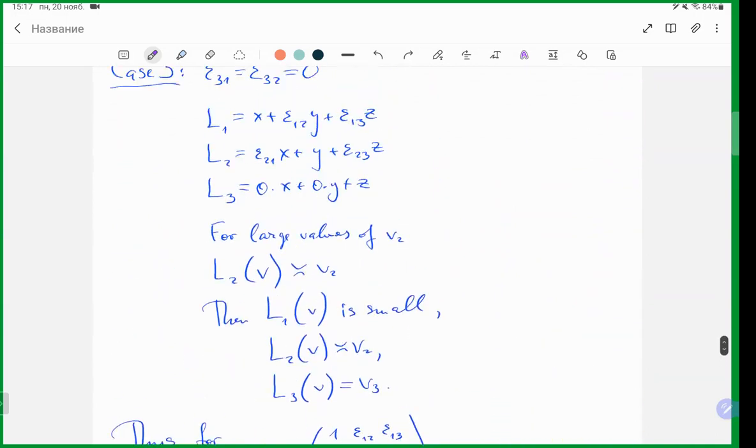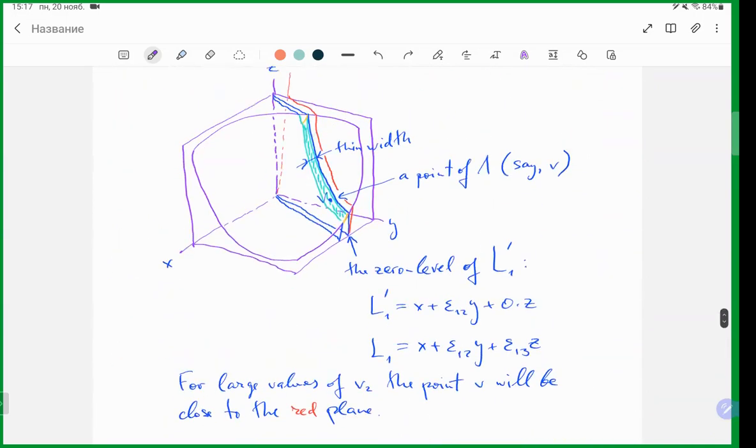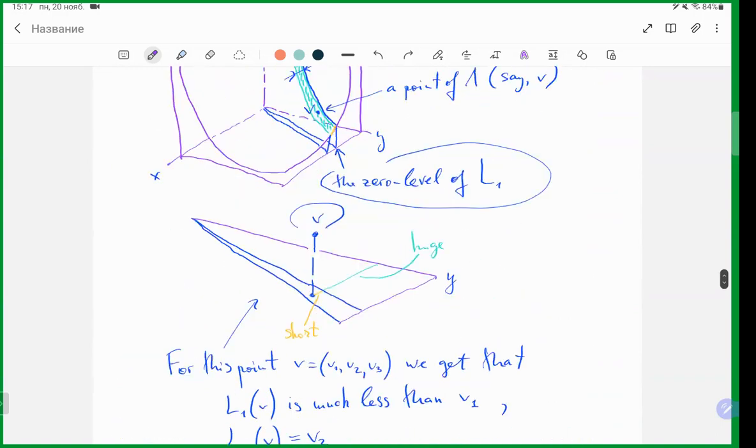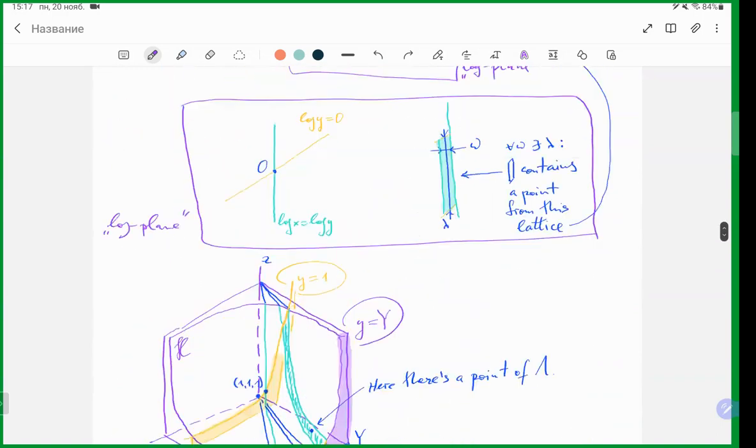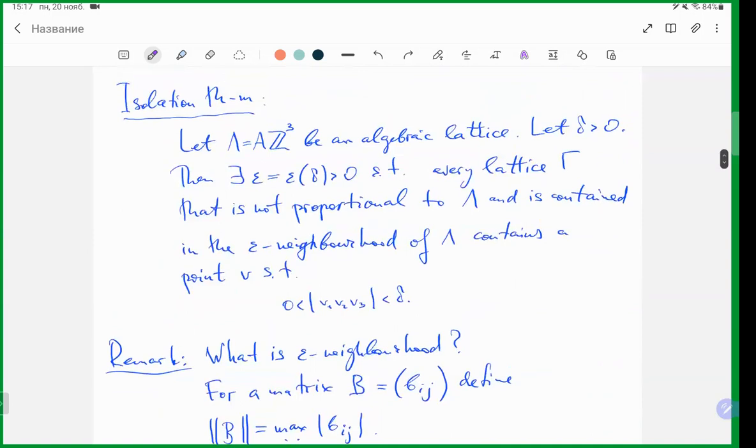But the statement here reads as follows. There's just an epsilon which depends on delta, such that every lattice and so on.